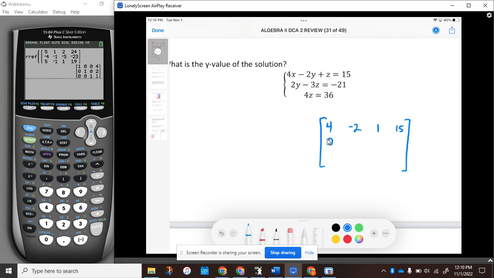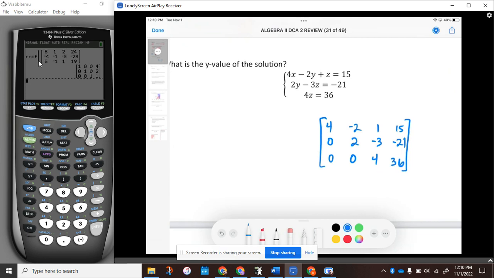Okay, then you can keep going across with the y and the z coefficient and the constant. What's missing from the bottom equation? X and y. Okay, if we're missing x and y, we have to have 2 placeholder zeros. Okay, placeholder in the x column and the y column. Okay, then we can start putting the z, which is 4, and the constant, 36.